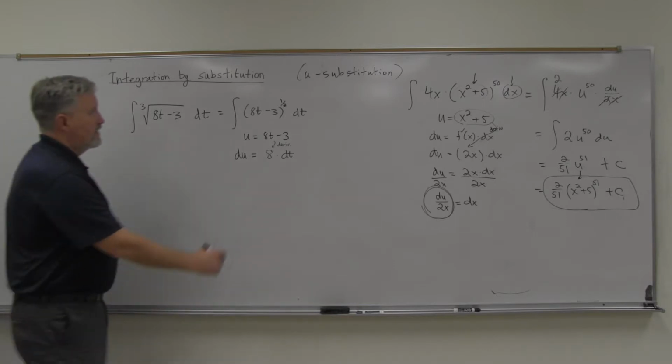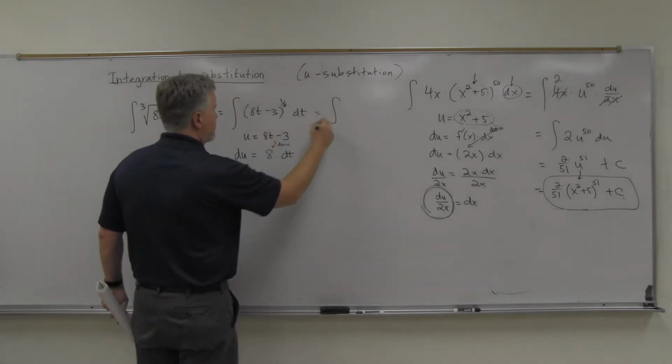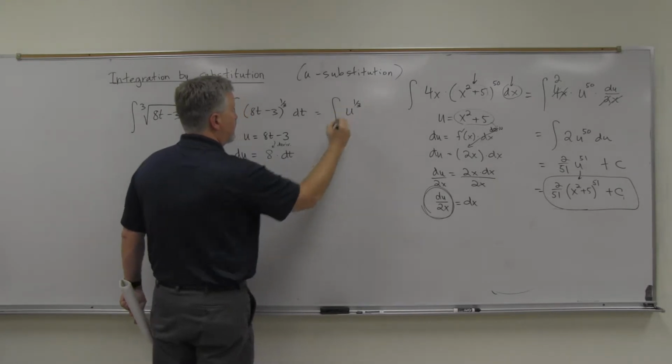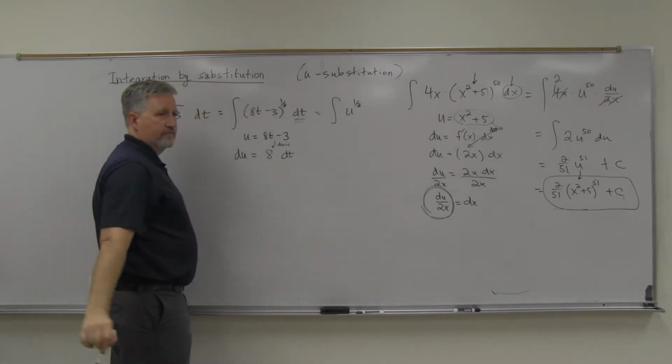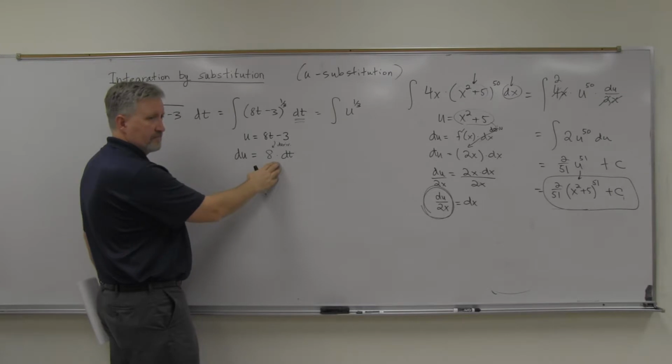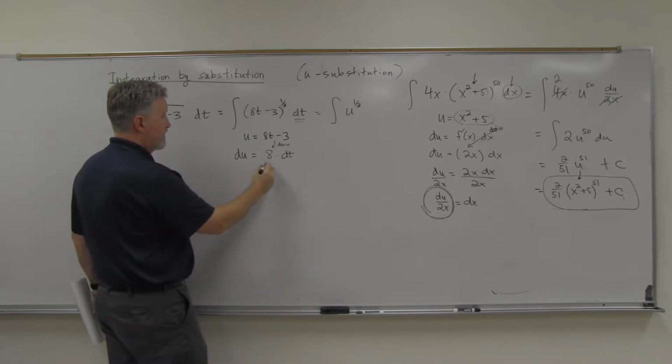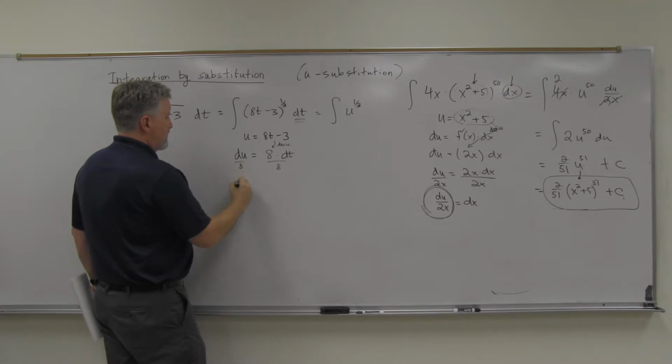And again, what I'm going to do is substitute 8t minus 3 as u, so it'll be u to the 1/3. But then I also want to substitute dt, and so let's just go ahead and solve for dt here, divide both sides by 8. So du over 8 is dt.